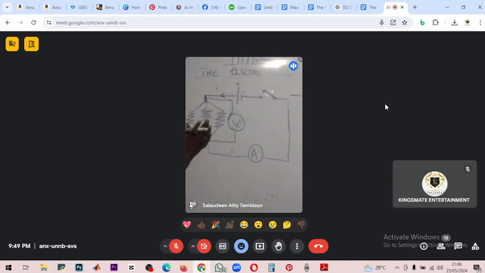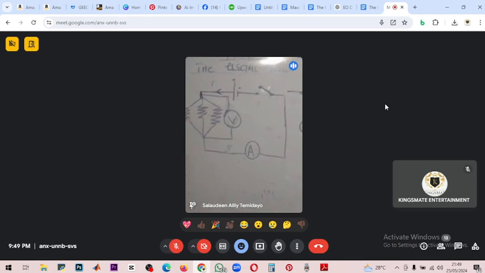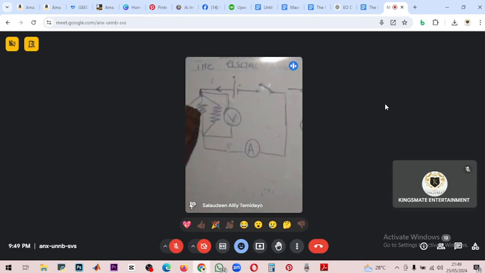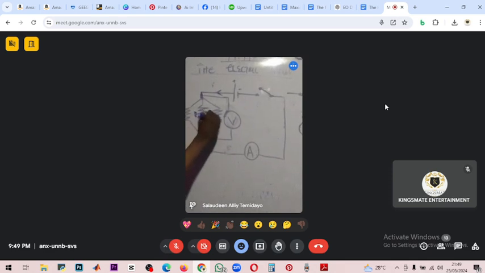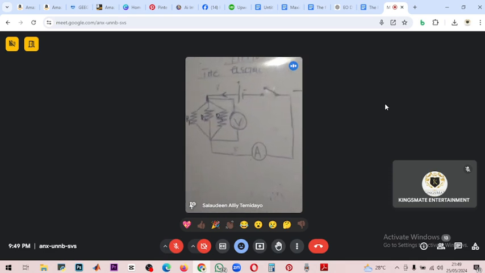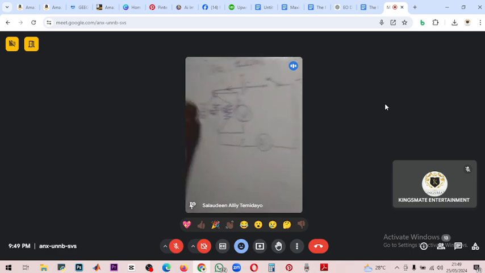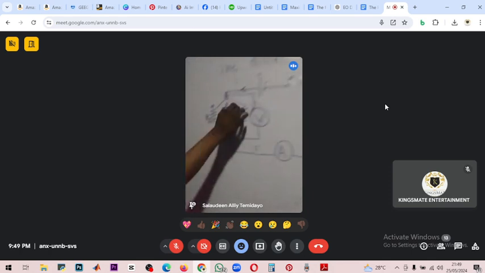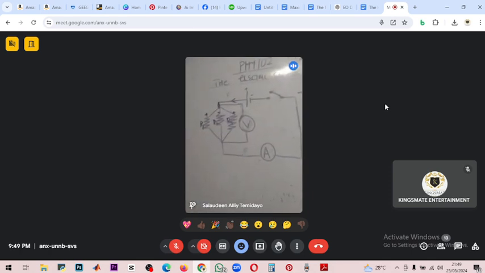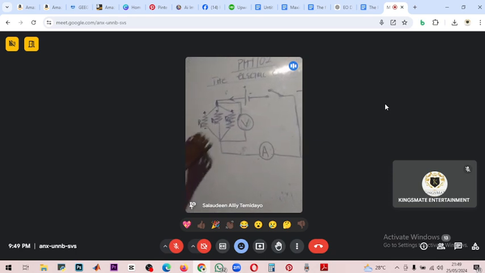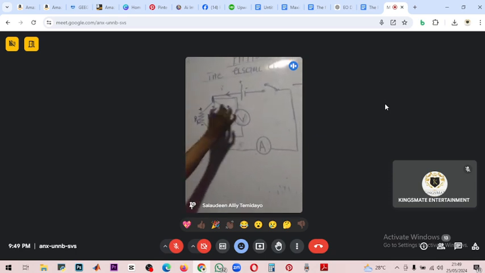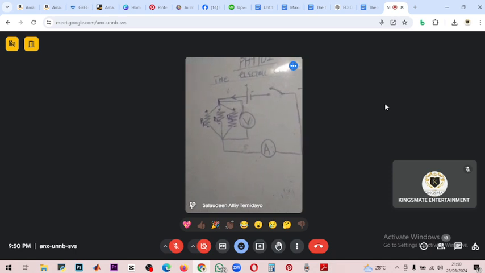A resistor now is here. I'll call it R1. Another resistor is here. I'll call it R2. Another resistor is here. I'll call it R3. This is the positive terminal of each resistor. This is the negative terminal of each resistor.